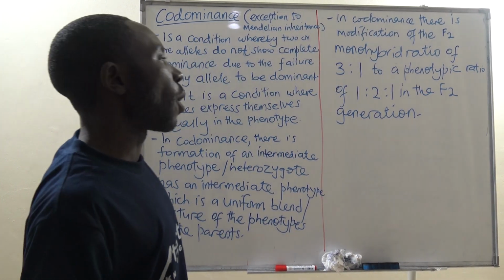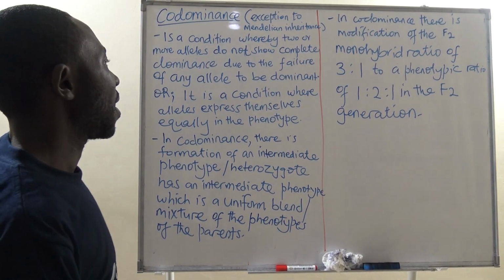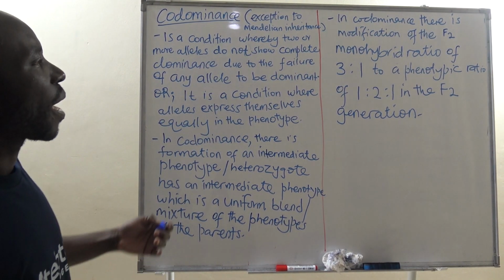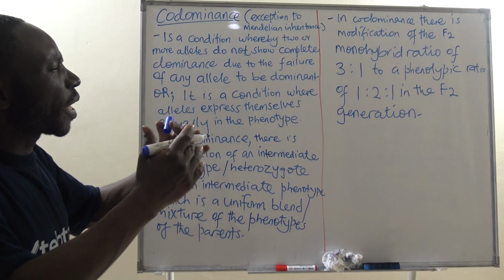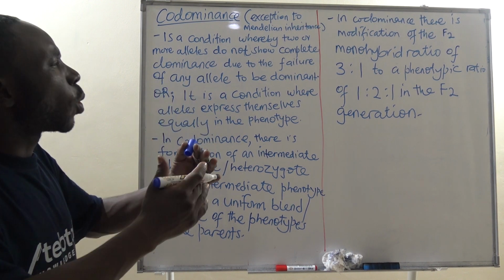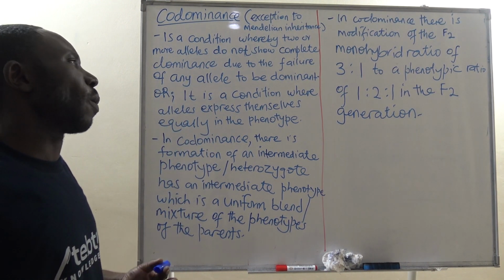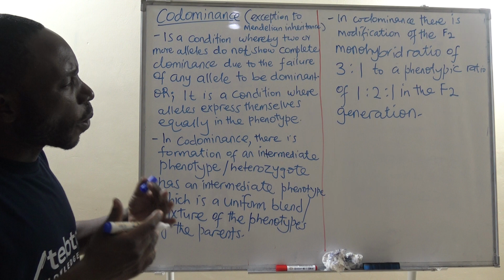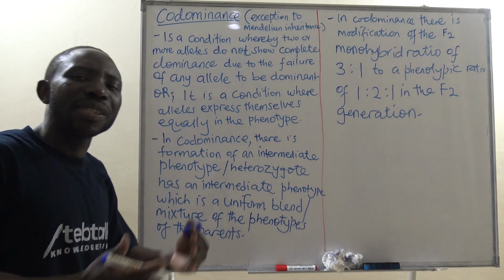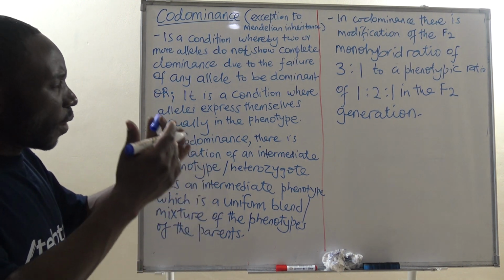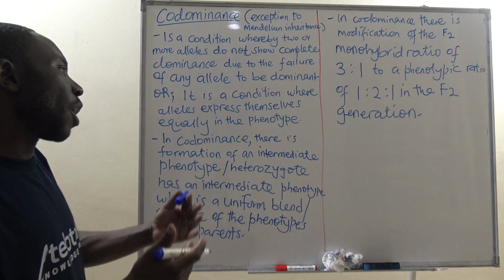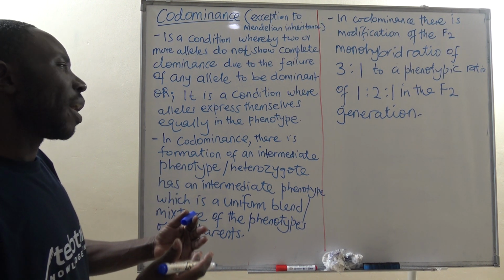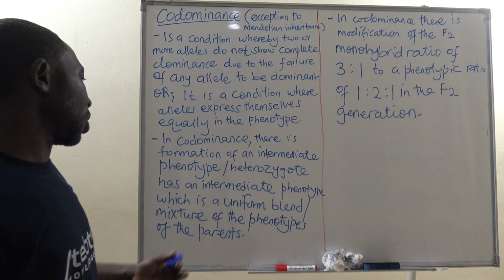So these points are important, members, that in codominance there is modification of the F2 monohybrid ratio, which is 3:1, to a phenotypic ratio of 1:2:1 in the F2 generation.